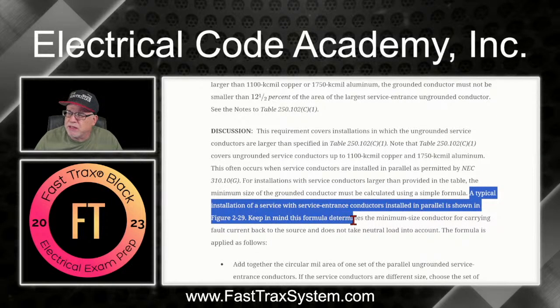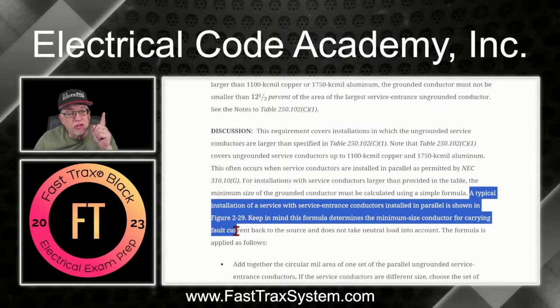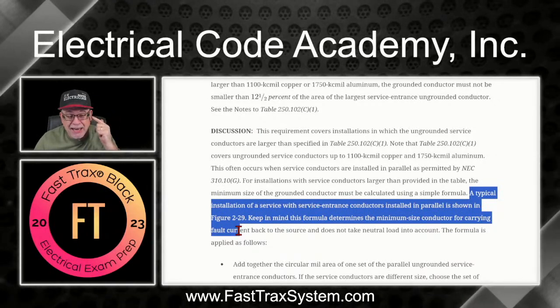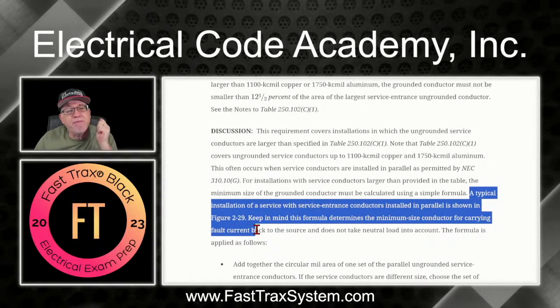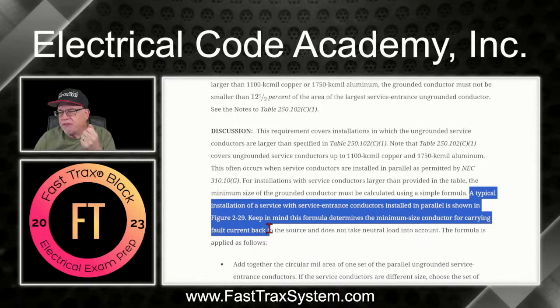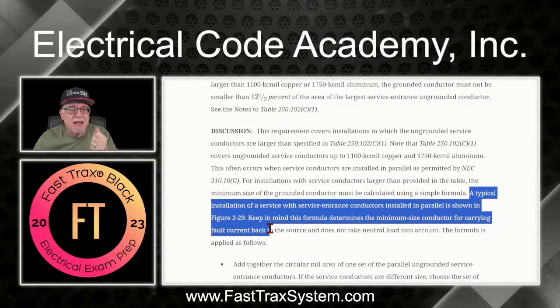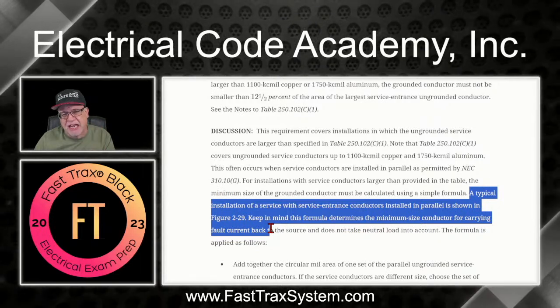Keep in mind this formula determines the minimum size conductor for carrying the fault current. So if it starts to not make sense, remember at this point, the table is addressing the fault current, not so much the neutral load calculation. So that's why it has to be a minimum size, okay?